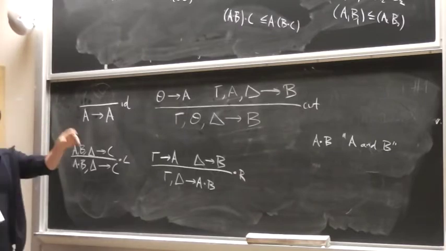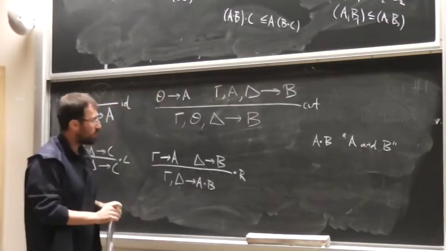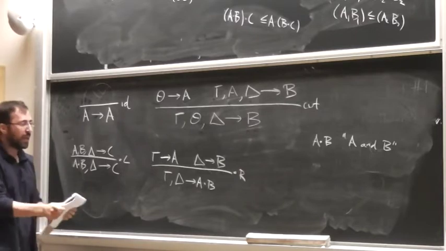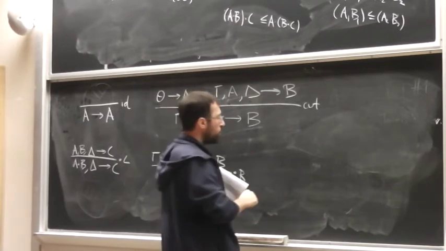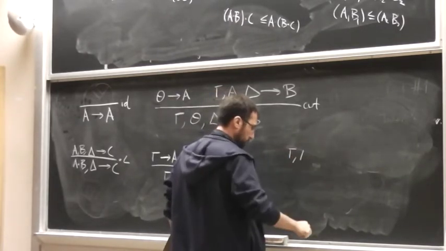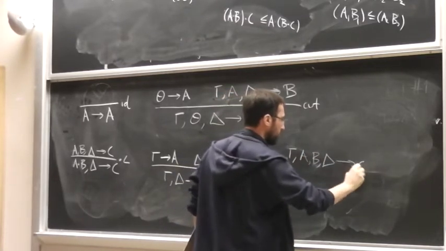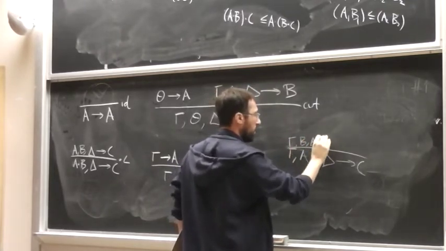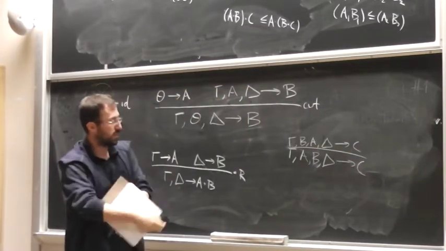Now, let me just talk a little bit about the connection to the original sequent calculus. Gentzen had something that looked a lot like this, but he had some additional rules. For example, he had a rule that looks like this, so this gets to your question.